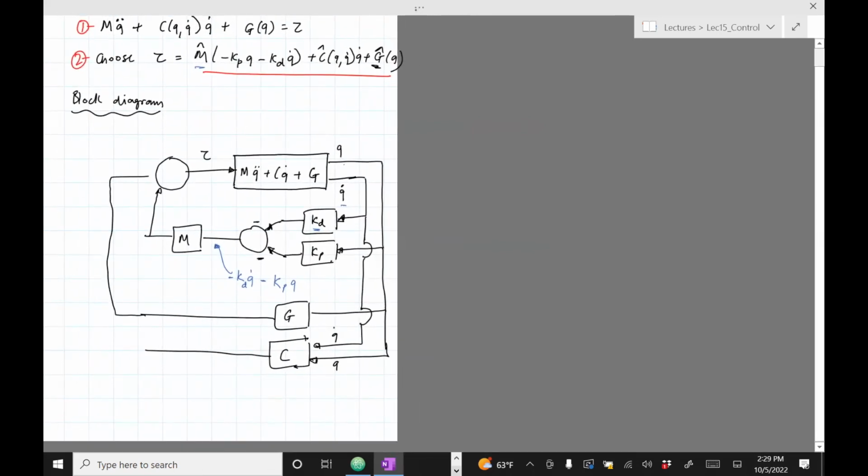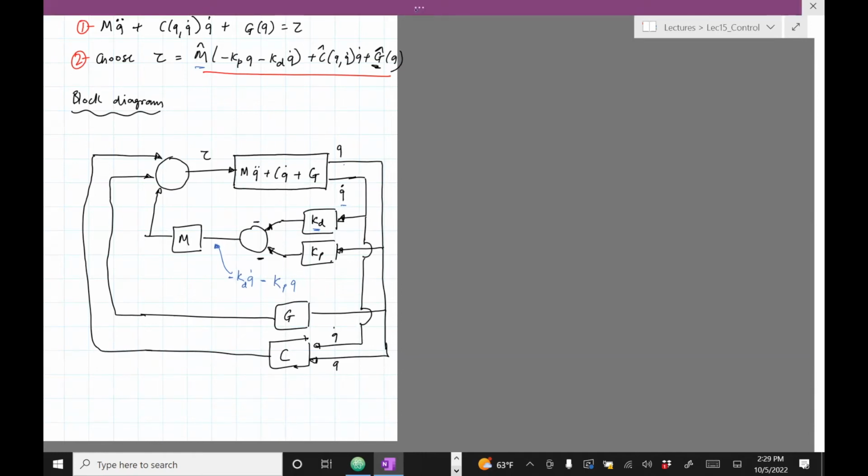This block will also feed into the torque. This block will also feed into the torque. And then this is summation.